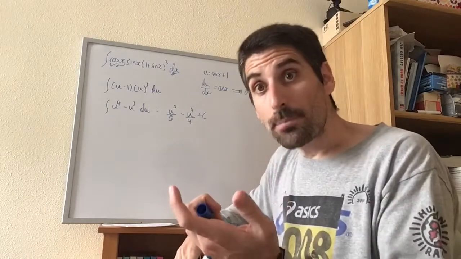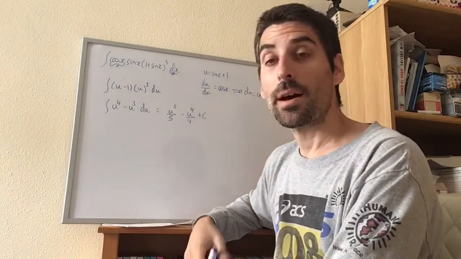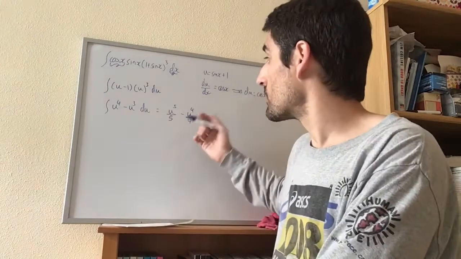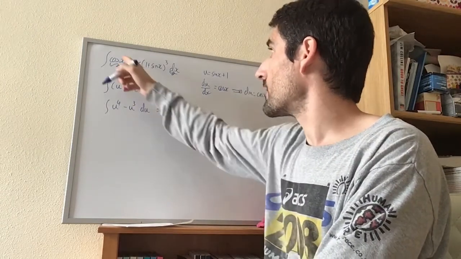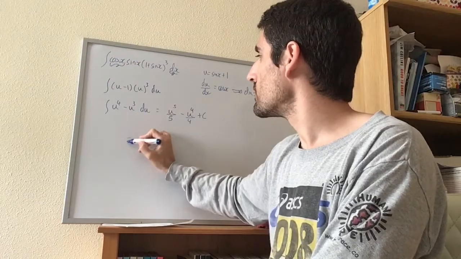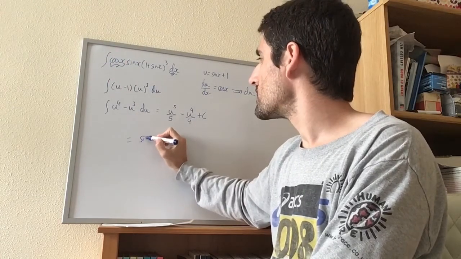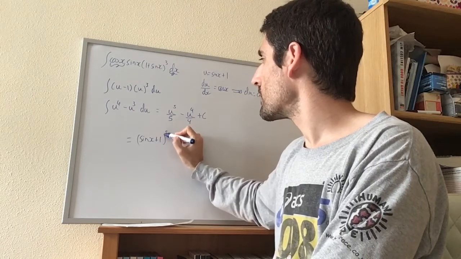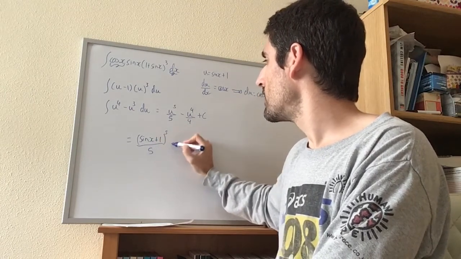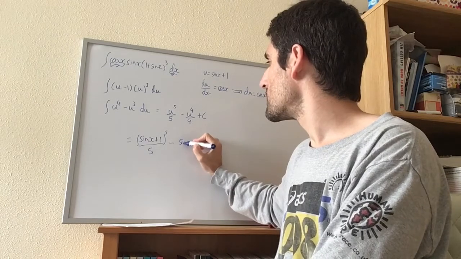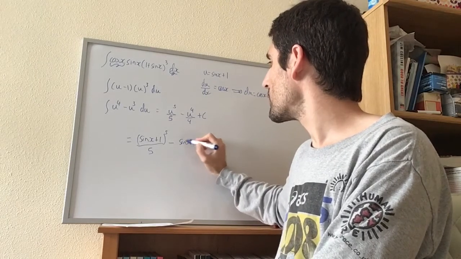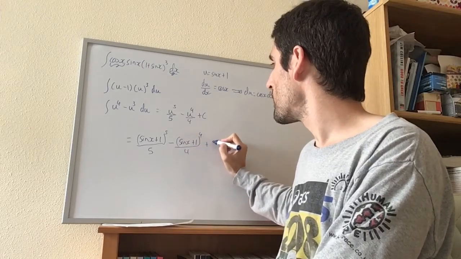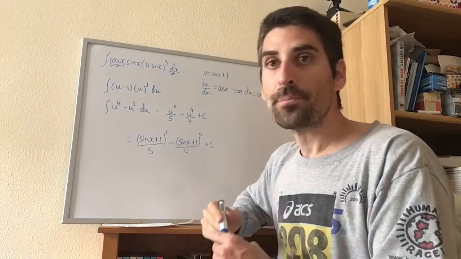I haven't finished because everything is in terms of u, and I have to undo my variable change. u is sin x plus 1, so the answer is sin x plus 1 to the 5 over 5 minus sin x plus 1 to the 4 over 4 plus c, and we are done.